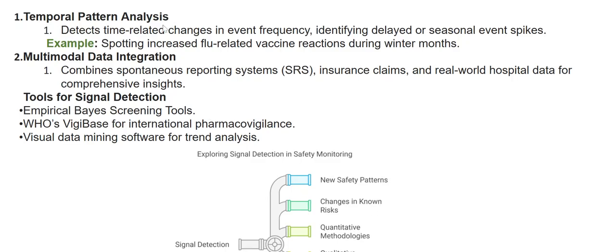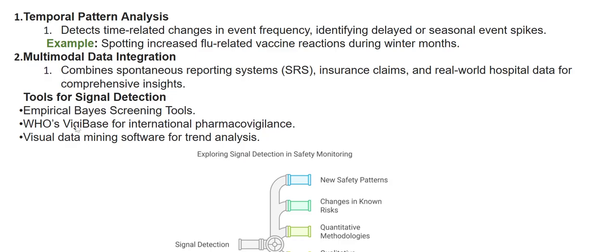Temporal pattern analysis detects time-related changes in event frequency, identifying delayed or seasonal event spikes, for example, spotting increased flu-related vaccine reactions during winter months. Multimodal data integration combines spontaneous reporting systems, SRS, insurance claims, and real-world hospital data for comprehensive insights.